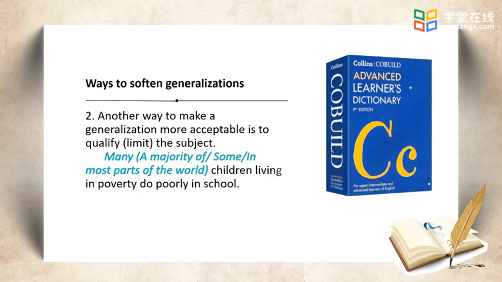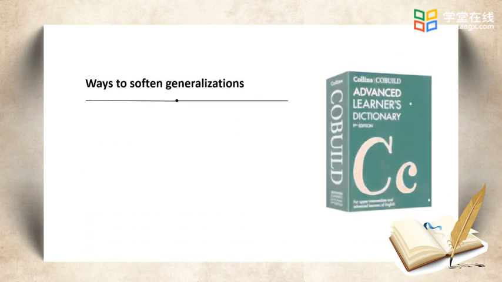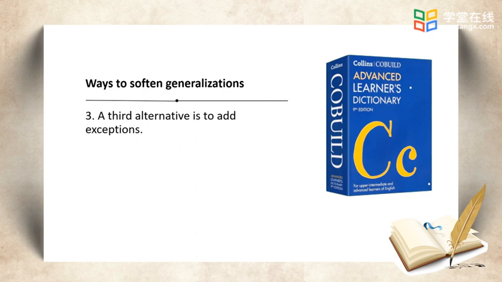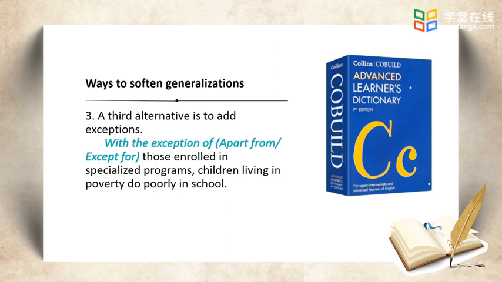For example, many, a majority of, some, in most parts of the world, children living in poverty do poorly in school. Number 3. A third alternative is to add exceptions. For example, with the exception of, or apart from, or except for, those enrolled in specialized programs, children living in poverty do poorly in school.